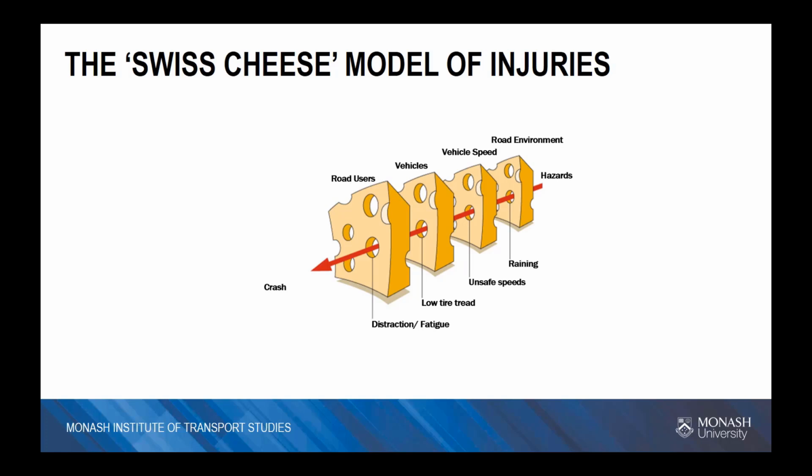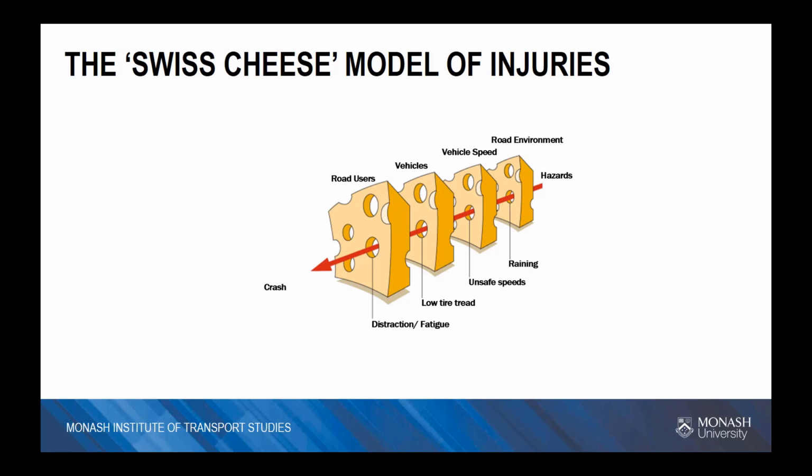So, if we think about a crash that occurs on a country road in wet conditions, where the driver is driving at an unsafe speed, with a poorly maintained vehicle and is fatigued or distracted while driving, we can see that there are multiple failures in the system across the four components of the road, vehicle, vehicle speed, and road users.